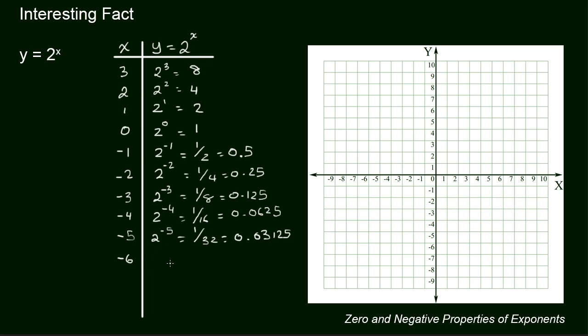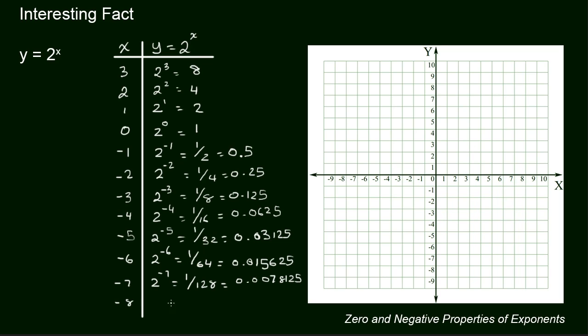At x equals negative 6, 2 to the power of negative 6 is 1/64, which is 0.015625. At x equals negative 7, 2 to the power of negative 7 is 1/128, which is approximately 0.0078125.